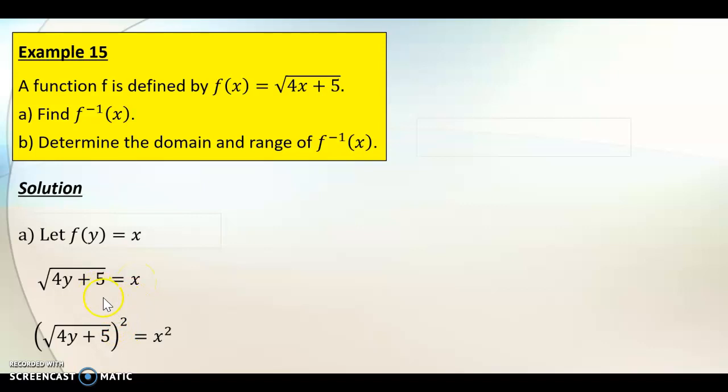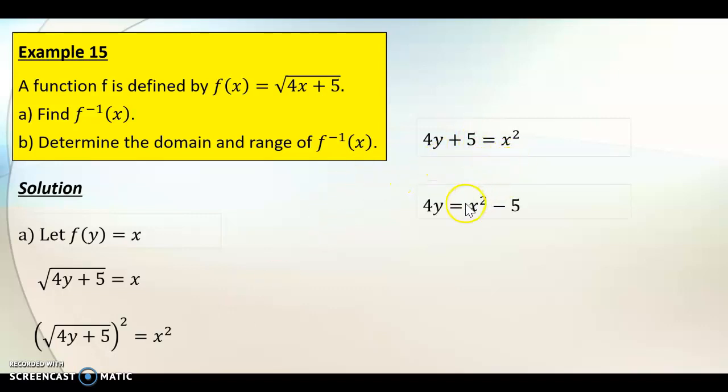The next step is to eliminate this square root. How do we eliminate the square root? The left hand side and the right hand side we are going to square, because squaring will eliminate the square root. Now the square root is gone.